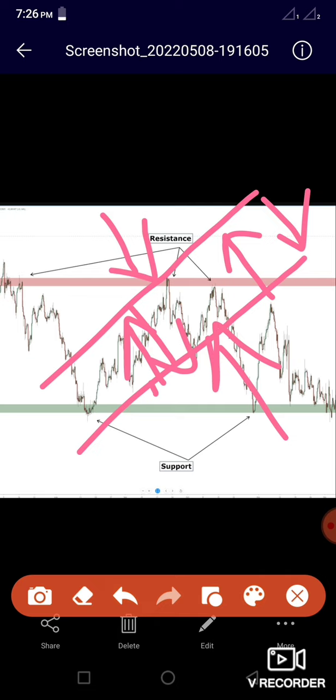So other people can say a resistance line is also a support line. It's according to other people's opinions. So this is the route of making successful signals.